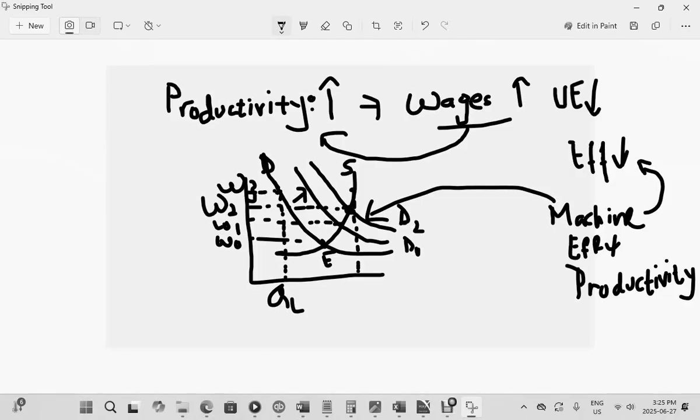So we're talking about job openings versus the amount of workers available for employment. So you have QL. This is the amount of workers available for employment, the amount of workers that are willing to work. And this would be your QS. So this has to do with demand, so job openings, and this has to do with QS, so this has to do with the amount of workers who are willing to supply labor.